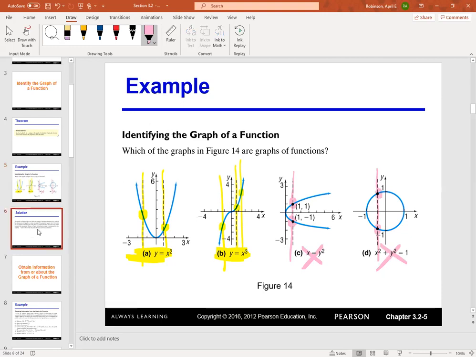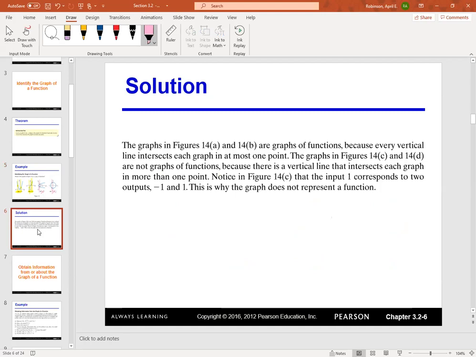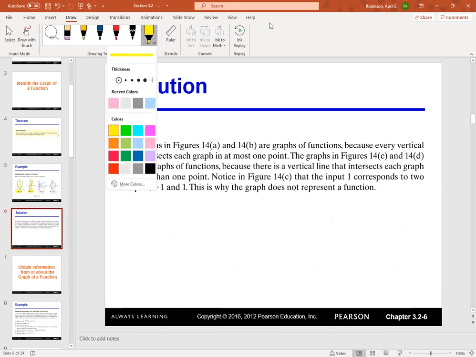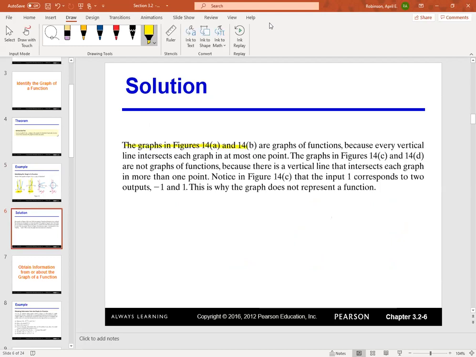And then the next slide pretty much just says everything that I just said. The graphs of figures 14a and 14b are graphs of functions because every vertical line intersects each graph in at most one point. But the graphs in figures 14c and 14d are not graphs of functions because there is a vertical line that intersects each graph in more than one point. And then they just wanted to point out in figure C that the input 1 corresponds to two outputs, -1 and +1.